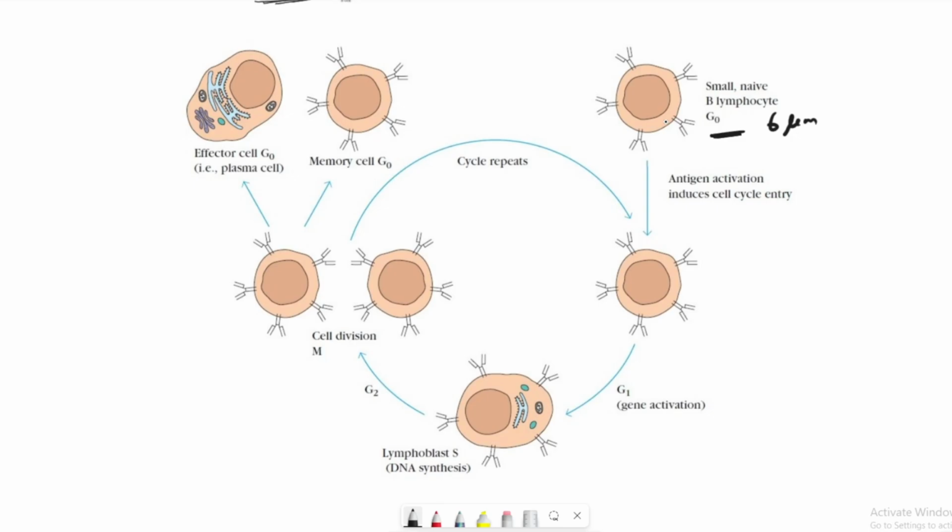Interaction of a small lymphocyte with antigen in the presence of certain cytokines induces this cell to enter the cell cycle by progressing from G0 phase into G1, S, G2 and M. As they progress through the cell cycle, lymphocytes enlarge into 15 micron diameter blast cells called lymphoblasts.